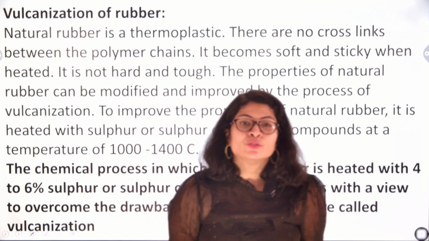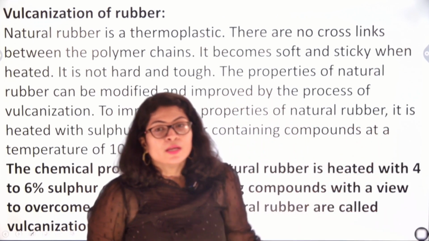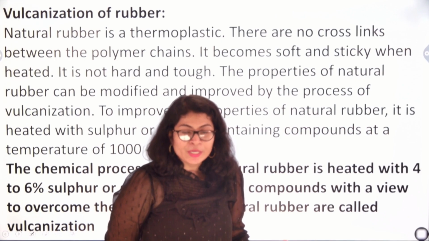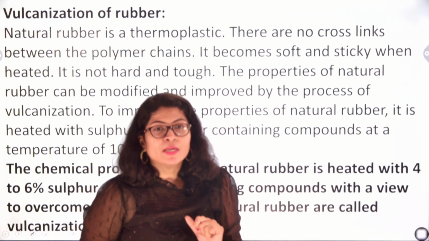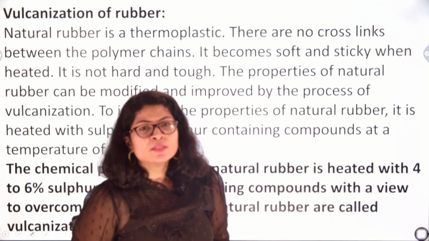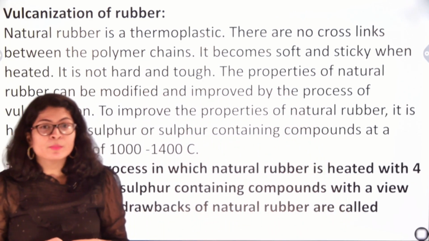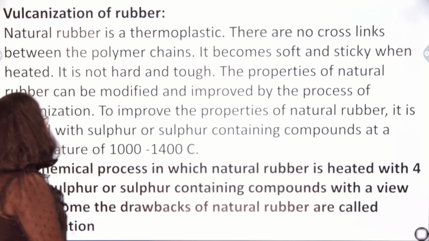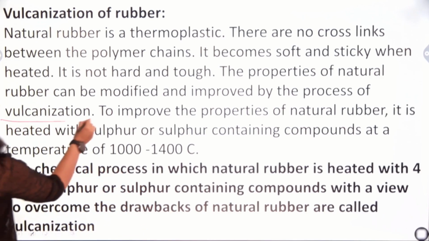Natural rubber is a thermoplastic. It has no cross links between the polymer chains. It becomes soft and sticky when heated and is not hard and tough, as we have seen in the drawbacks. The properties of natural rubber can be modified and improved by the process of vulcanization.